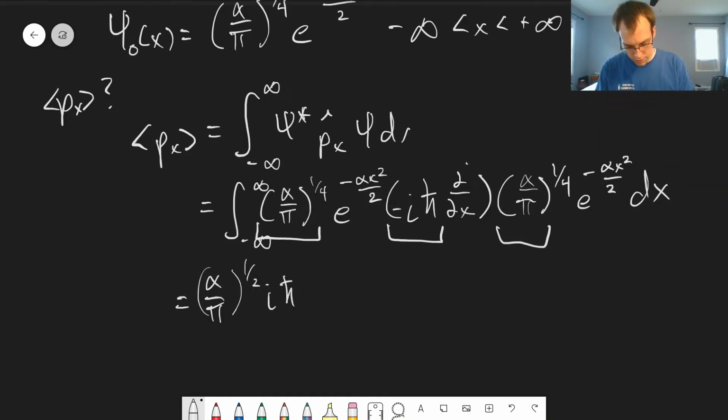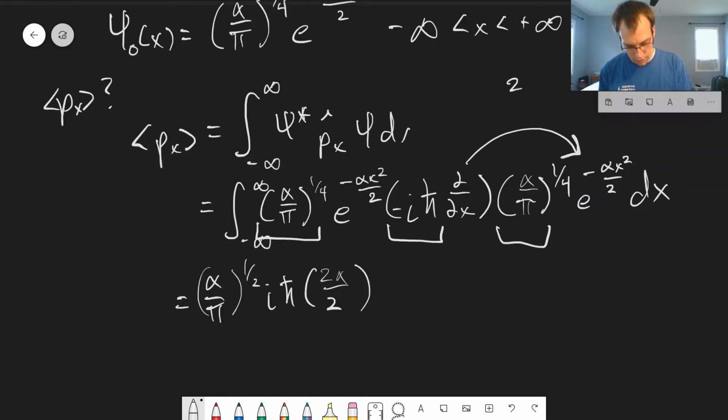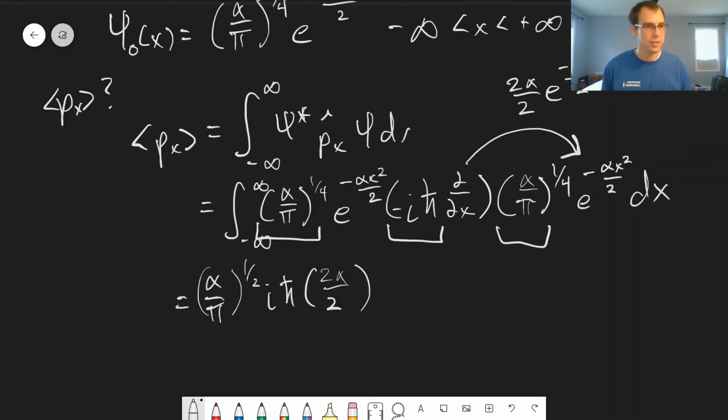Then let's go ahead and do this derivative. The derivative of e to the minus alpha x squared over 2 gives us another set of constants, 2 alpha over 2, and we'll get the same exponential back.